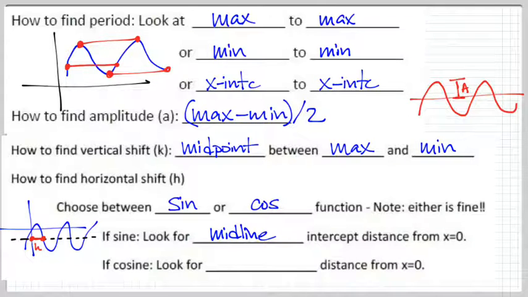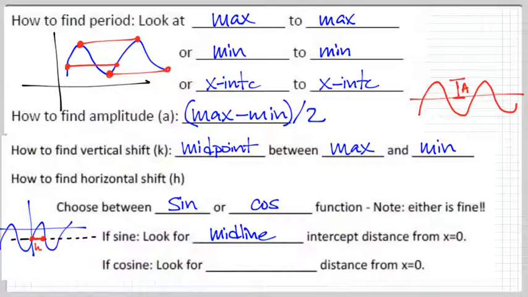Now, if you're going to use the sine function, the horizontal shift factor is going to be the shift from the point where the graph crosses the midline to where x is equal to 0. Because if you remember the sine function itself, if there's no horizontal shifting, it's going to start right here, actually.